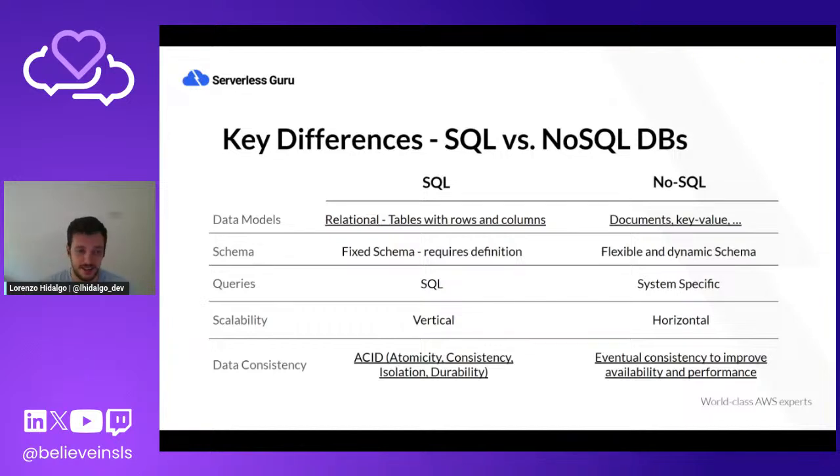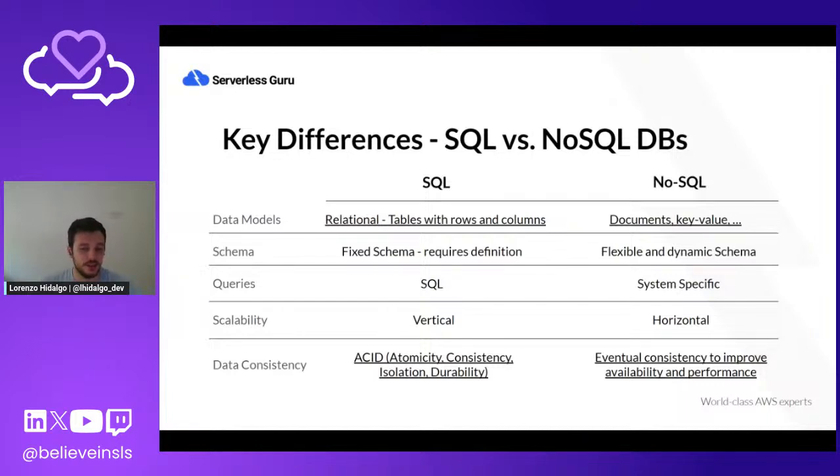How to access it: in SQL, you have the SQL query language, and you can use it almost identically in every single SQL database. For NoSQL, it's very different. For every NoSQL database, you have a system-specific querying language. For example, for DynamoDB, what we're going to see in the examples today will be the AWS SDK for JavaScript.